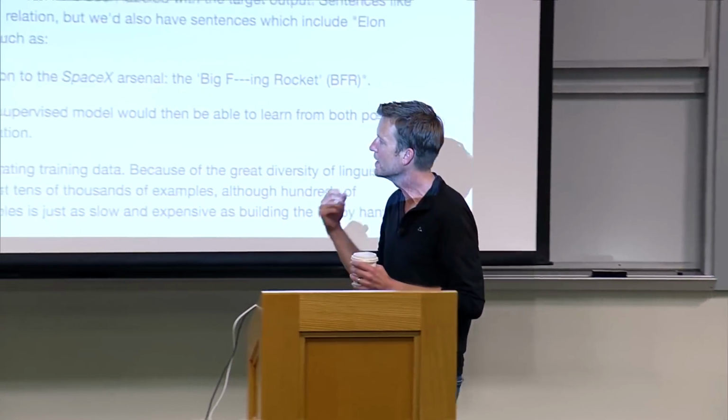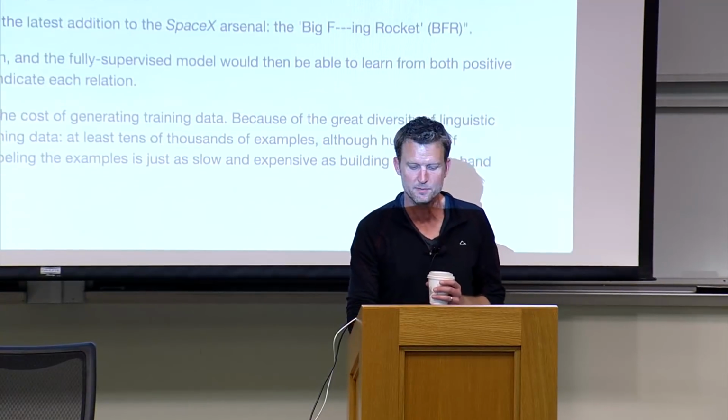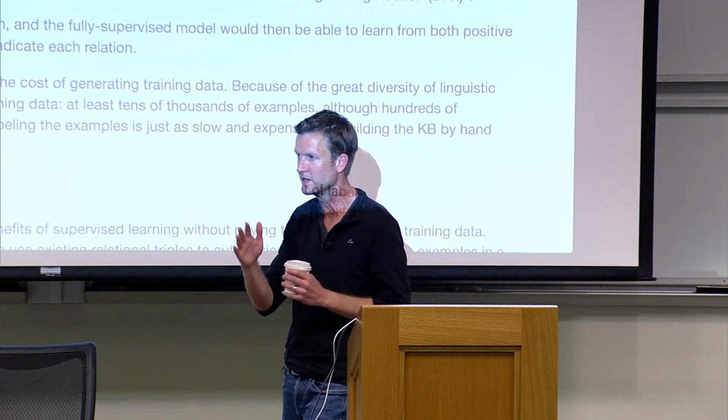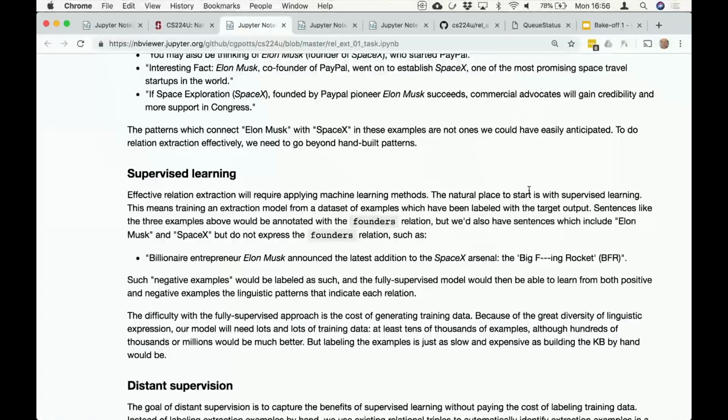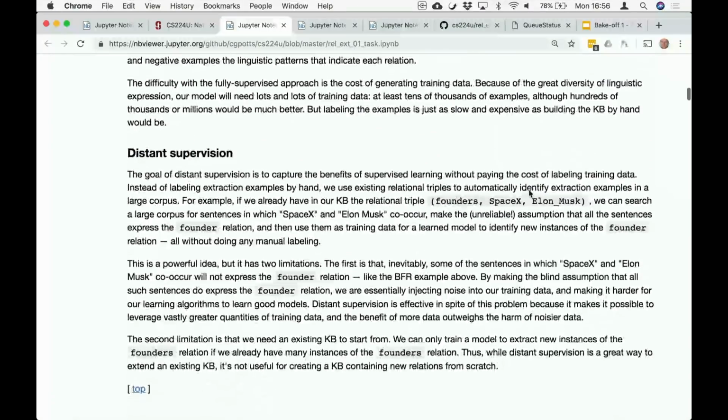And in fact, when this was the dominant paradigm in relation extraction during the 90s and 2000s, the largest data sets that were constructed for relation extraction had on the order of thousands of examples. And today, a data set with only thousands of examples seems kind of small. And it's certainly not enough to apply sophisticated modern methods to.